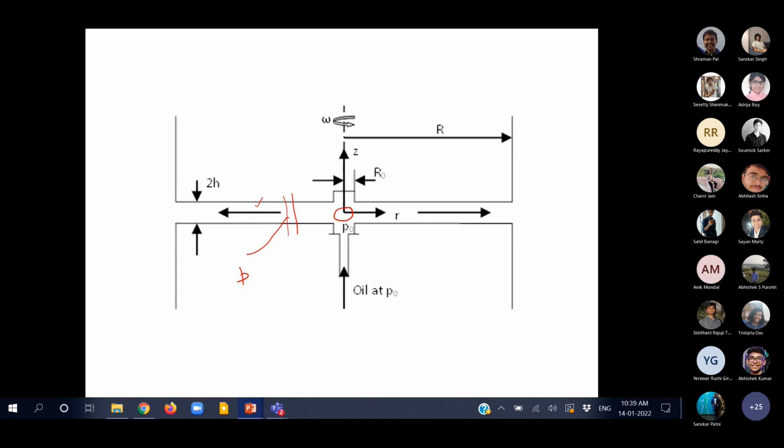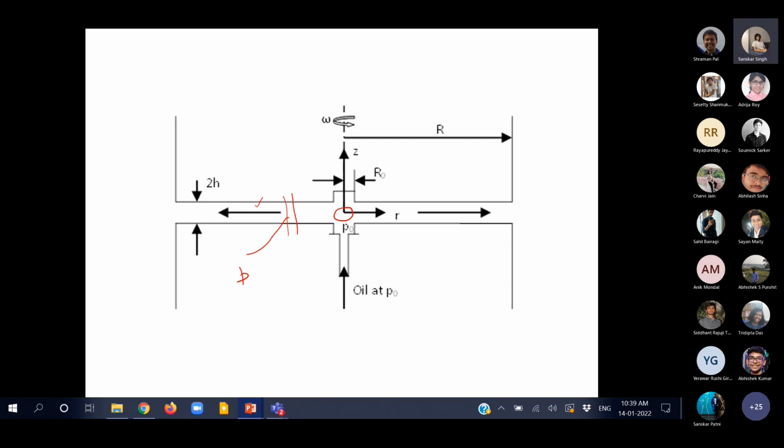But the rotation is in a direction which is perpendicular to the z direction, so its rotation would not directly impart any change in the pressure in the system.